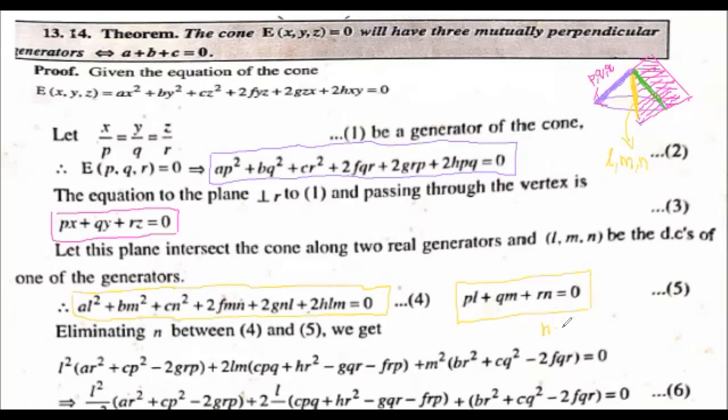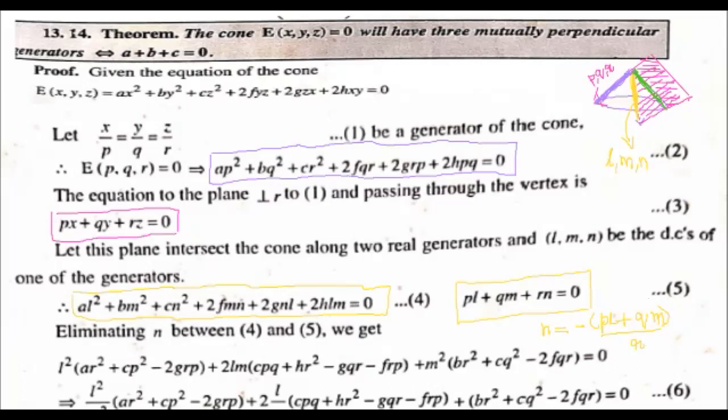N is nothing but minus of PL plus QM divided by R. So we can write AL square plus BM square plus C into, we are going to incorporate this, wherever n is there, replace n by this particular expression, then we get this particular equation.